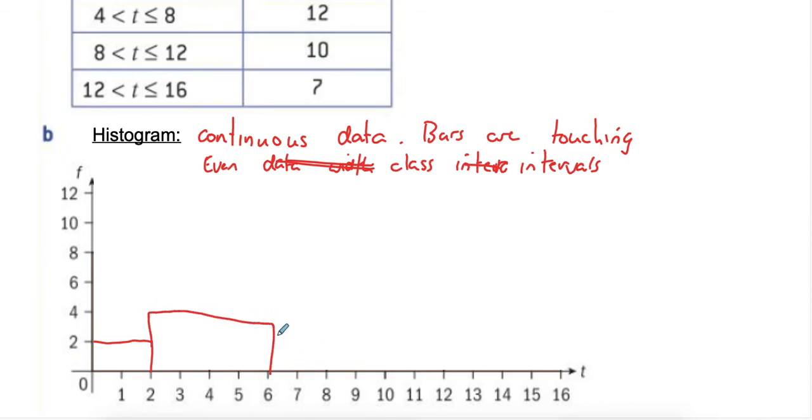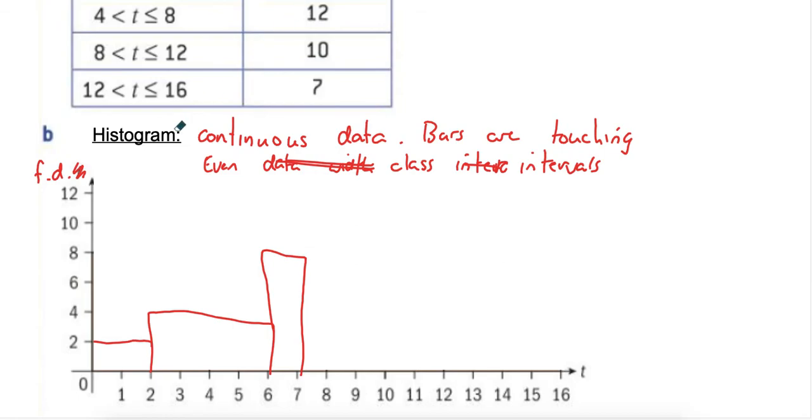And you'll remember at IGCSE that the frequency wasn't given by the height of the bar, but by the area of the bar. And therefore, we had to change this from frequency to frequency density. Then you multiply the frequency density by the width to get the area and therefore the frequency.